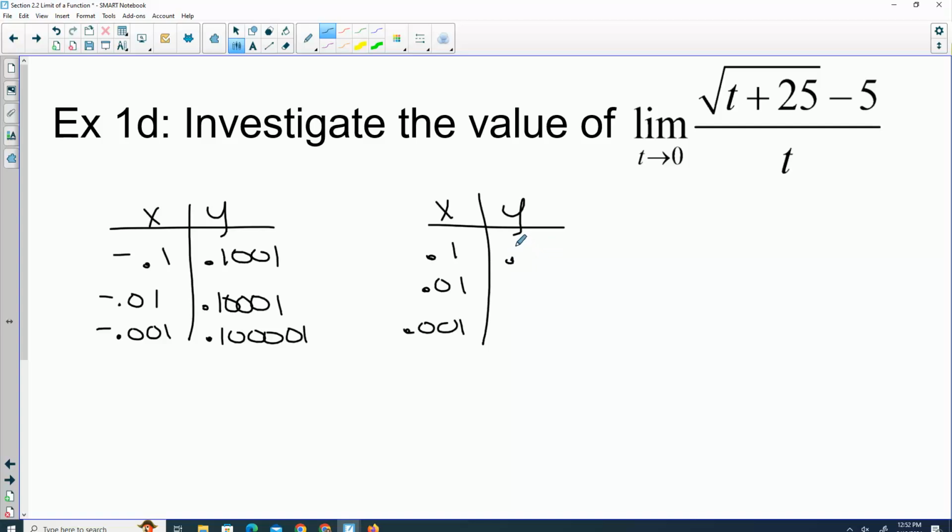Okay, what'd you get? Let's check. I got 0.09. So for positive 0.1, I get 0.0999. So for positive 0.01, 0.0999.